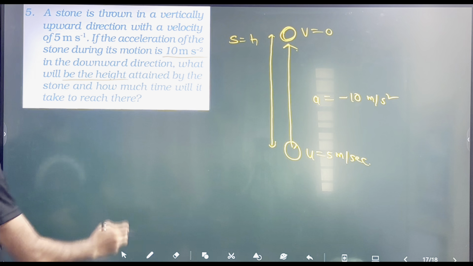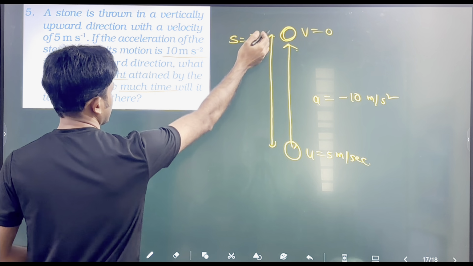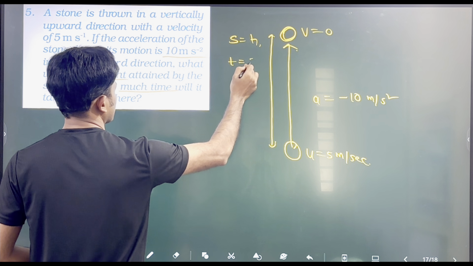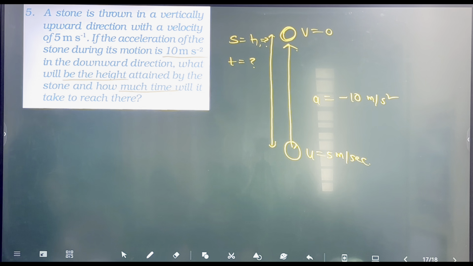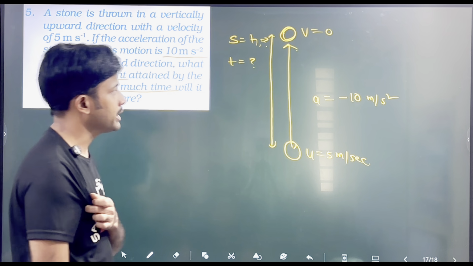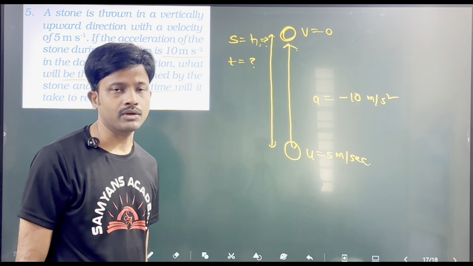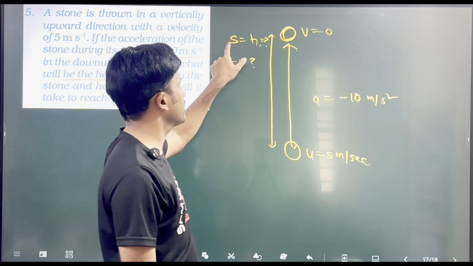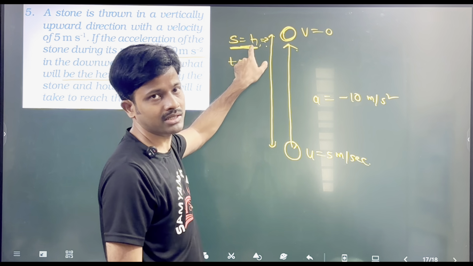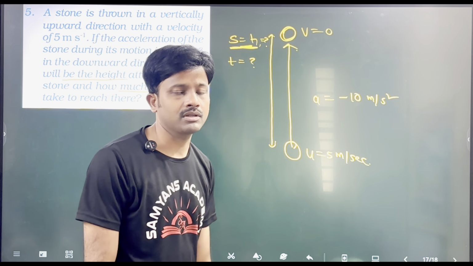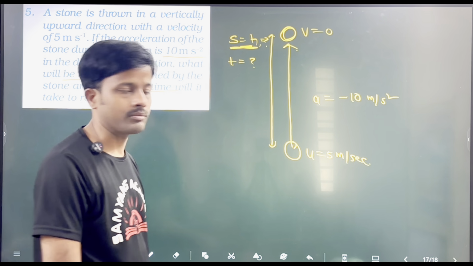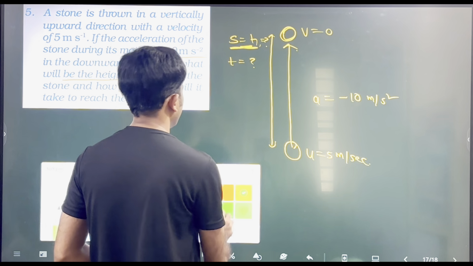Then how much time does it take to reach there? So the time value and distance traveled you need to find here. Okay, we have v, u, a. V square minus U square equal to 2as. By using that formula, we can find the height or distance traveled by the stone. From that, we can find the time value by using the s equal to ut plus half at square formula. Okay, and now you do it.